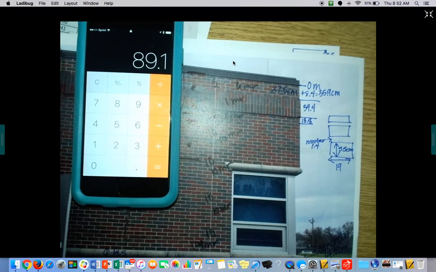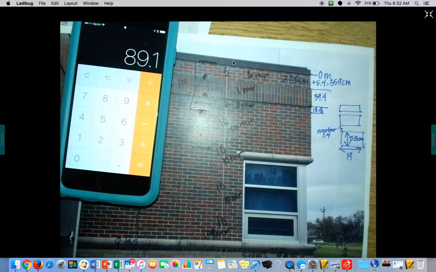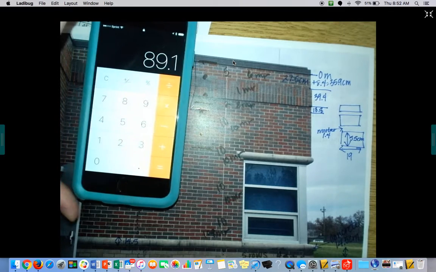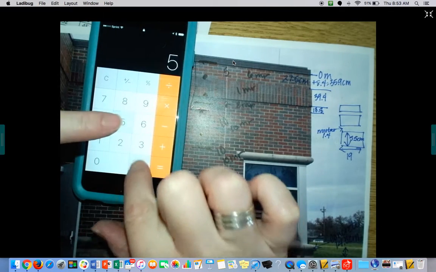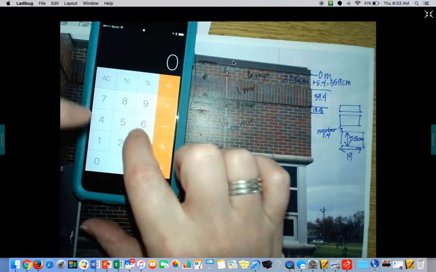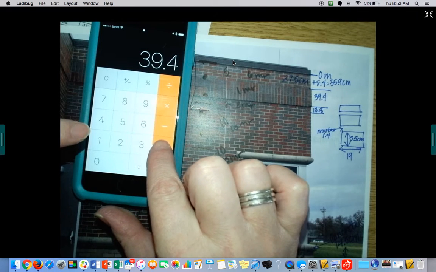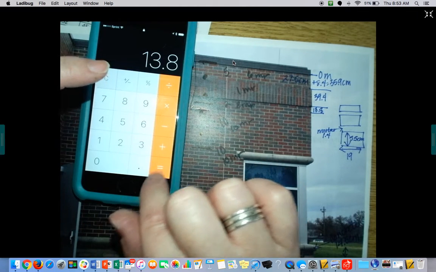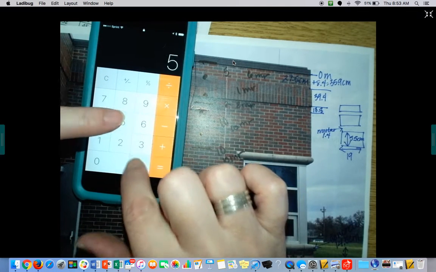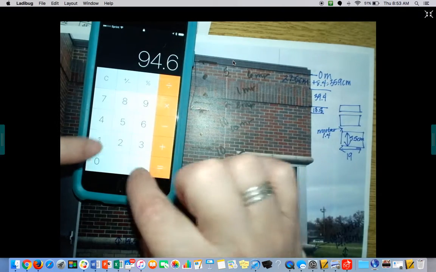1 meter is 100 centimeters. So what I did from there is, one at a time, I'm sure there's a better way to do this, I added 5.5 for one more brick. Oops. Let me go back and do this again. 35.9 plus 39.4 plus 13.8 equals, okay, plus 5.5. So that put me at 94.6. After a brick, I have mortar.